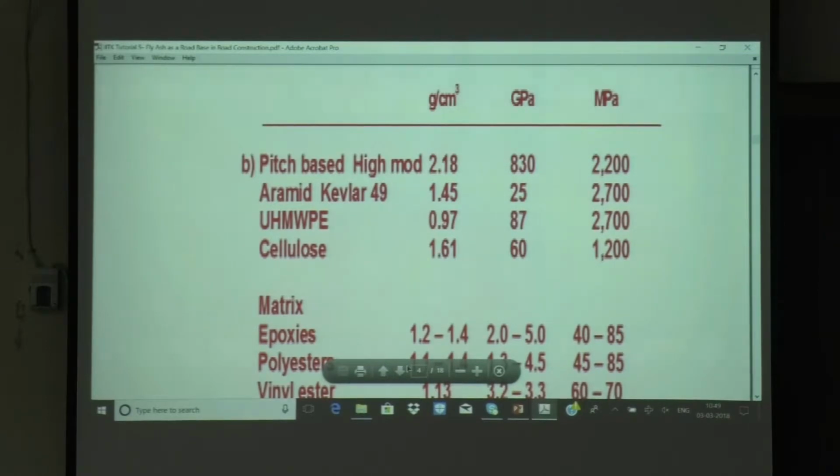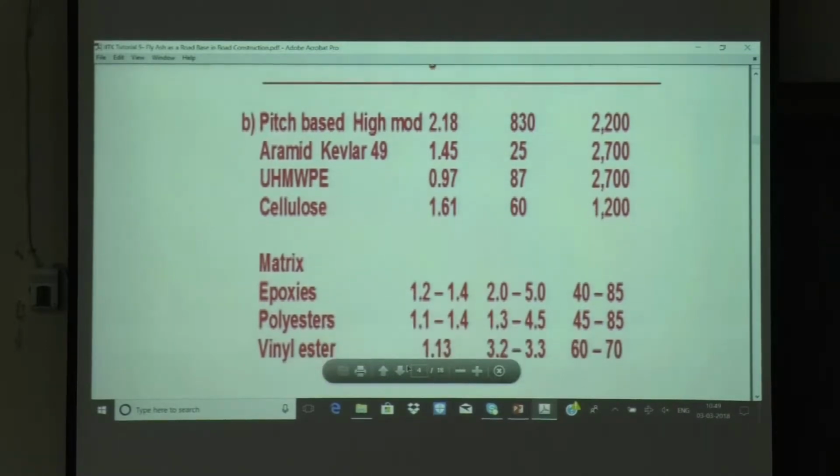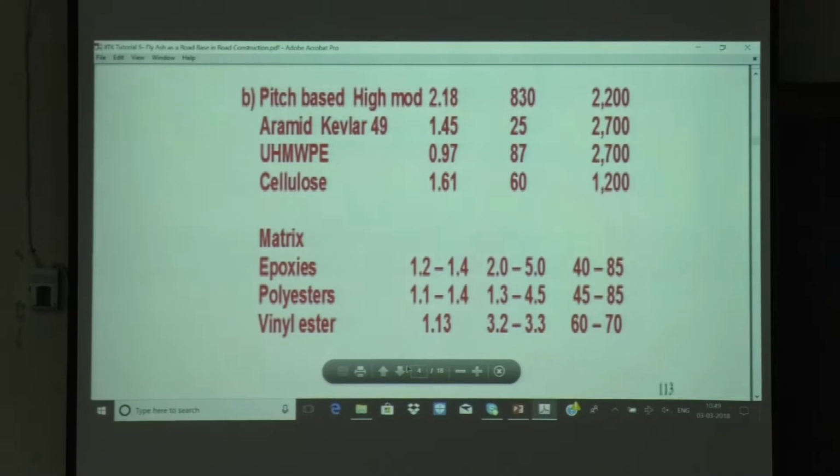So this is the strength. Modulus of elasticity is coming here, 2 to 5 GPa. Polyesters 1.3 to 4.5. And the strength is here. Strength is, epoxy is about 40 to 85 MPa. Polyesters can be at 45 to 85. Some epoxies can have strength even up to about 100 MPa.